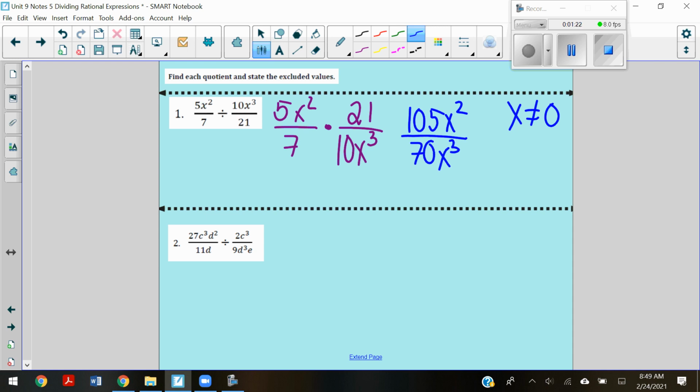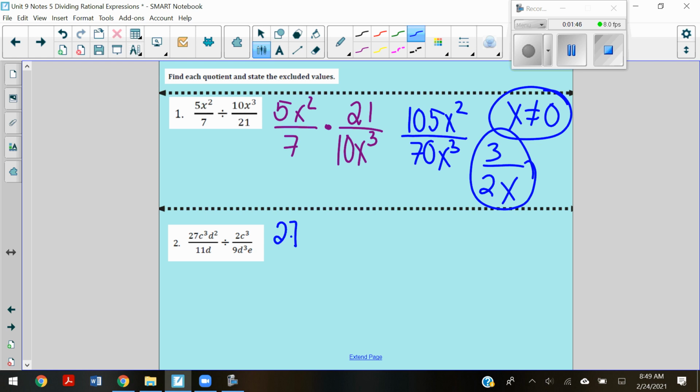So you want to go ahead and take your 105 over 70 and reduce it. And you remember your calculator can do that for you. And that reduces down to a 3 over 2. And then we have one more x in my denominator. So there's my simplified expression. There's my excluded values.